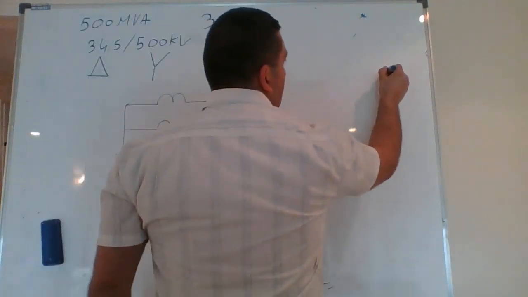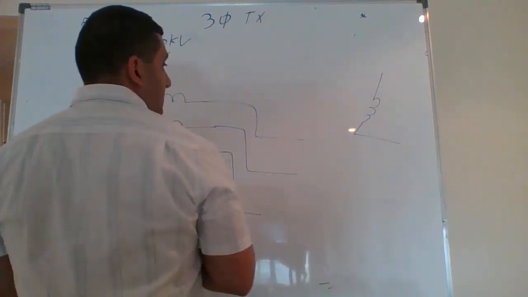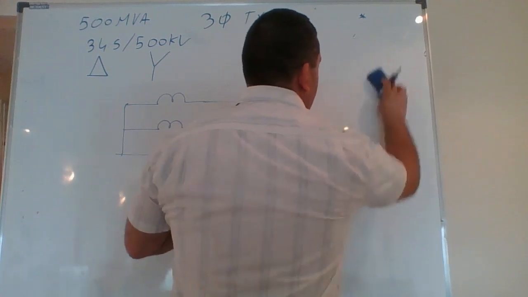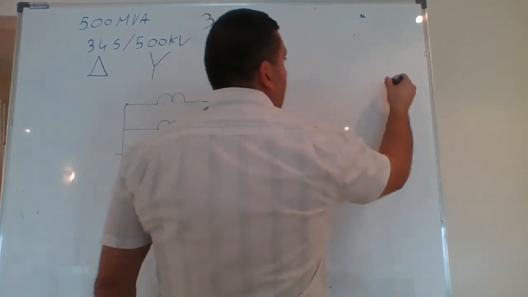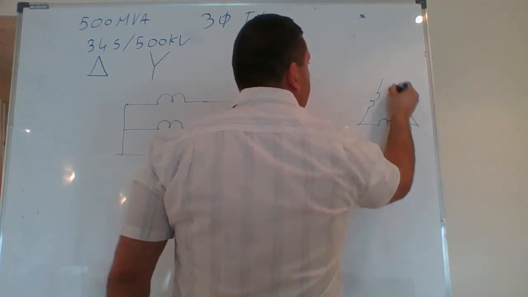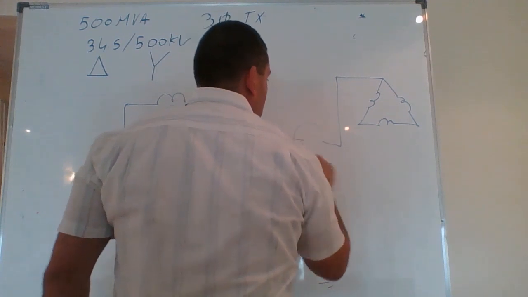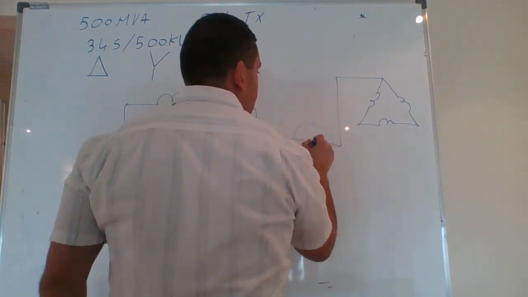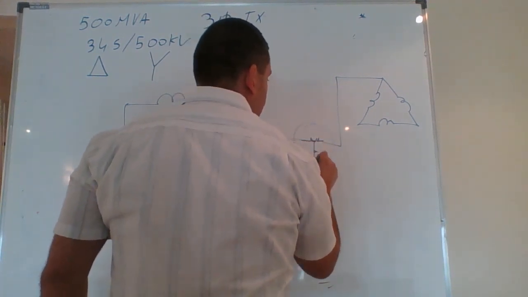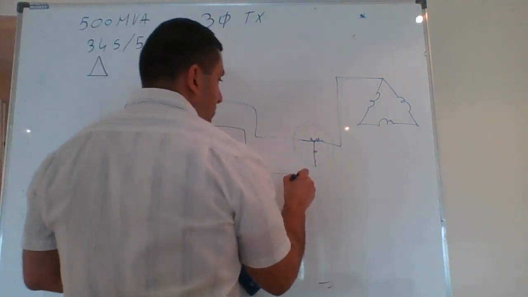In this system, I have a delta output. I will have a delta. This current will go down into here. This will go to the negative, which we will draw soon.